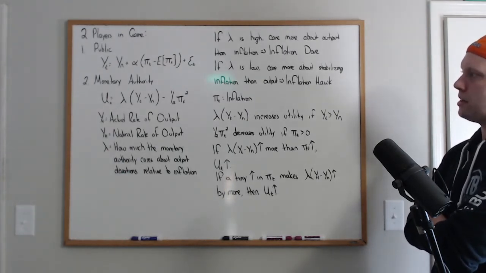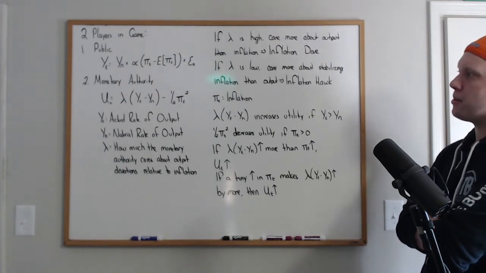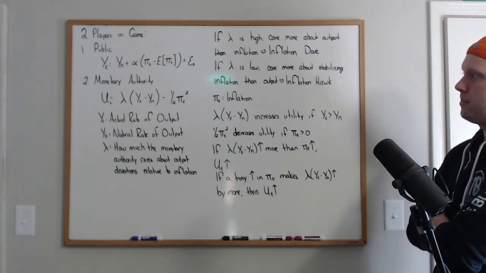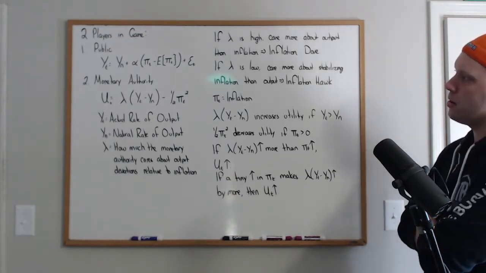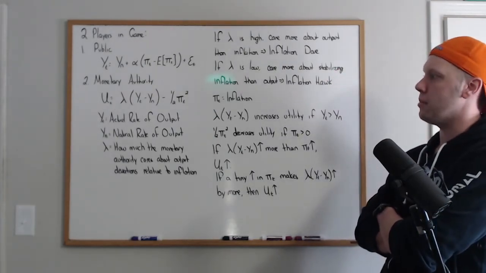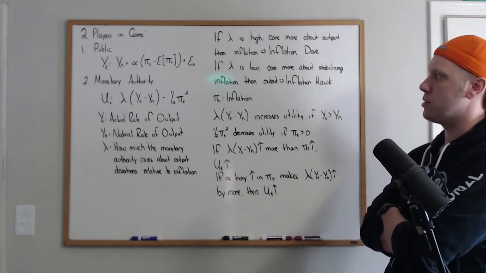But so long as the amount you're increasing inflation by doesn't exceed the amount that you're increasing output by, then everything is good. So it's a balancing act, right? How much are they going to want to increase inflation? How much inflation is a central bank going to be willing to tolerate in order to increase output above its natural rate?